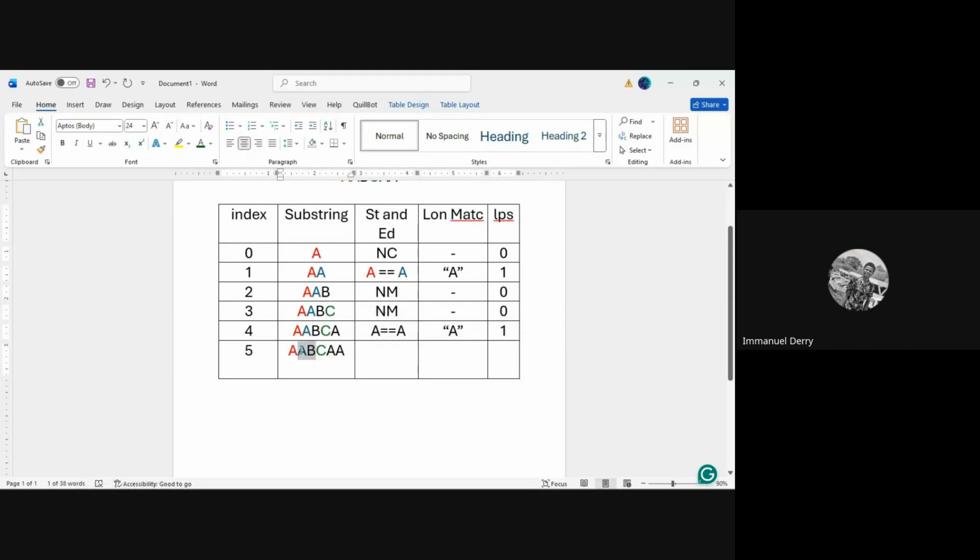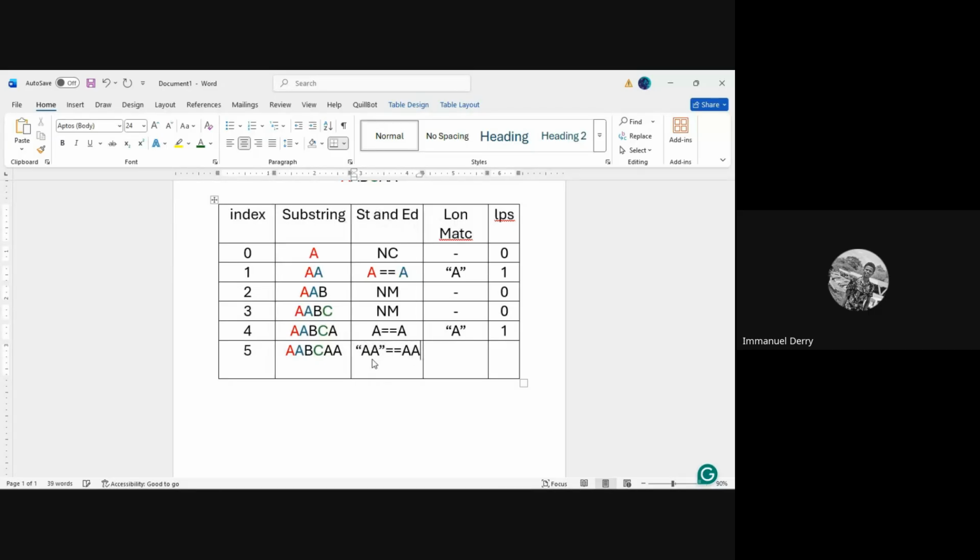If you take AAB, there's nothing like AAB here. If you take AABC, it doesn't match with this, but then AA and AA match here. So we have this as AA equals AA.